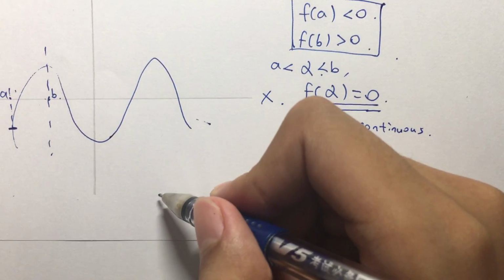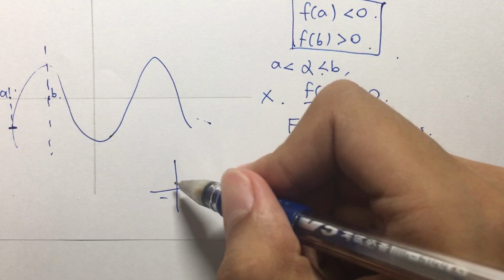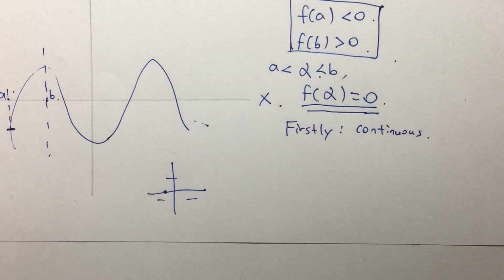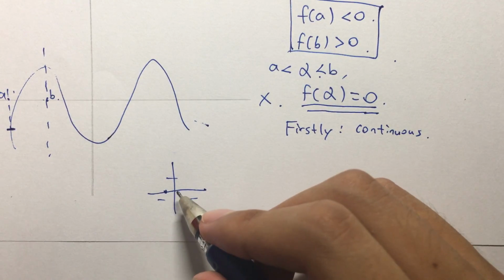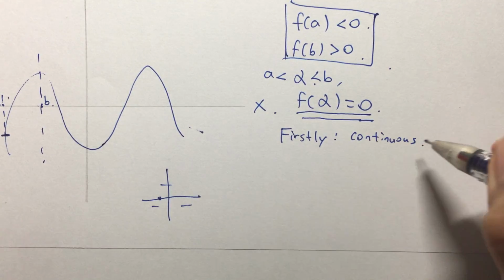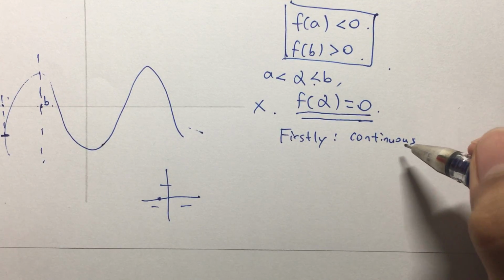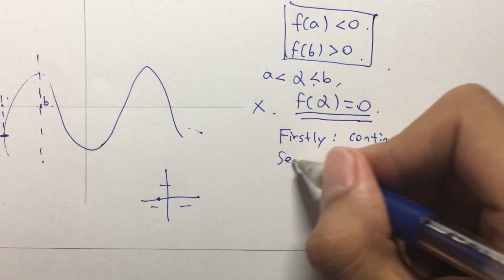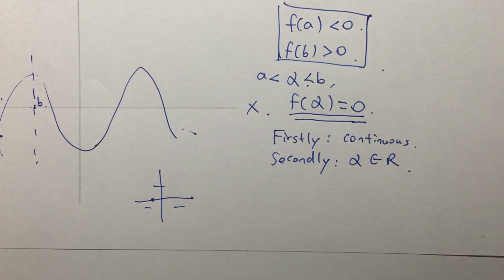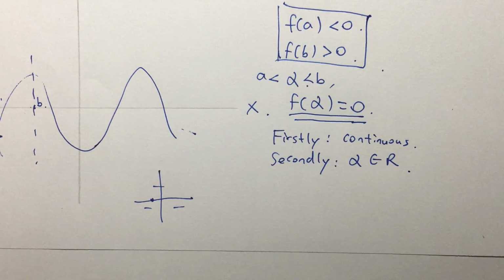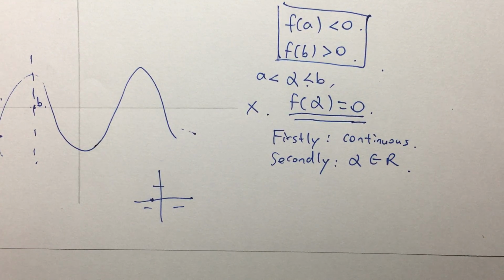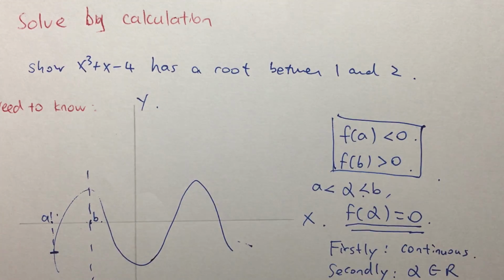If it is discrete, then it's not possible to have a value on the x-axis where f(x) equals 0. So firstly, we need the function to be continuous. Secondly, alpha belongs to the real numbers, so it can be any real number. I think that is what we need to know for solving this question.